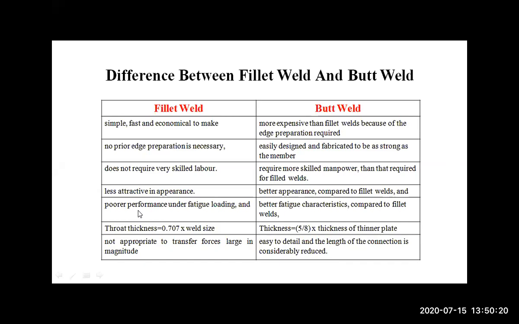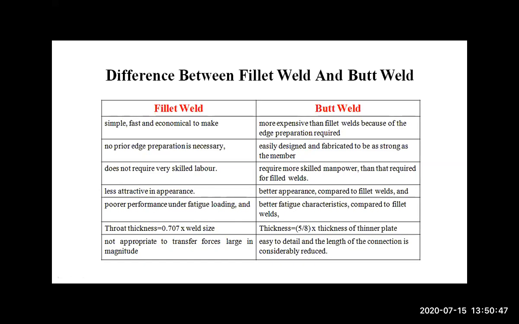Again, the fillet weld has poorer performance under fatigue loading. If we think about the butt weld, it has better fatigue characteristics compared to the fillet welds. Fatigue loading is nothing but the load coming because of vibration, and the failure is the fatigue failure.